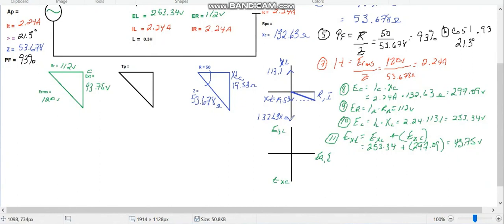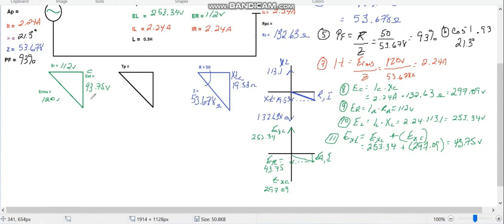And I would say, okay, I have an EXL of 253.34, and I have an EXC of 297.09, then my value of total voltage, more capacitive, would be my EXT, which we said is equal to 43.75. And if I was to just bring that over like that, then we can see the relationship there. Okay, and that's how we get this.